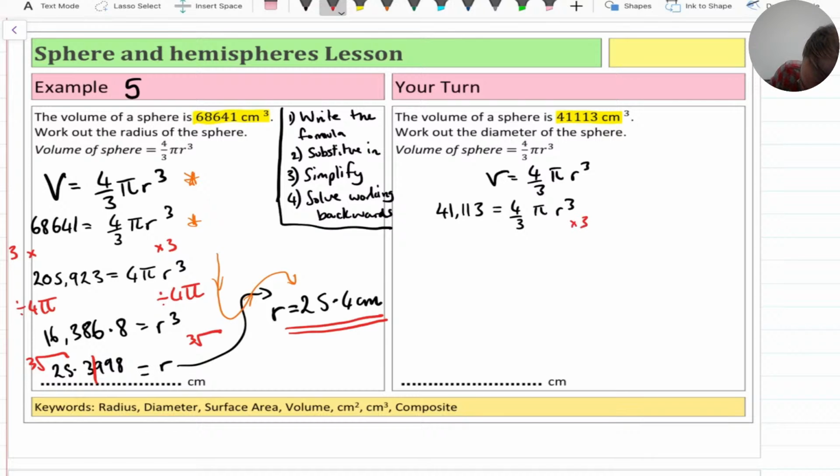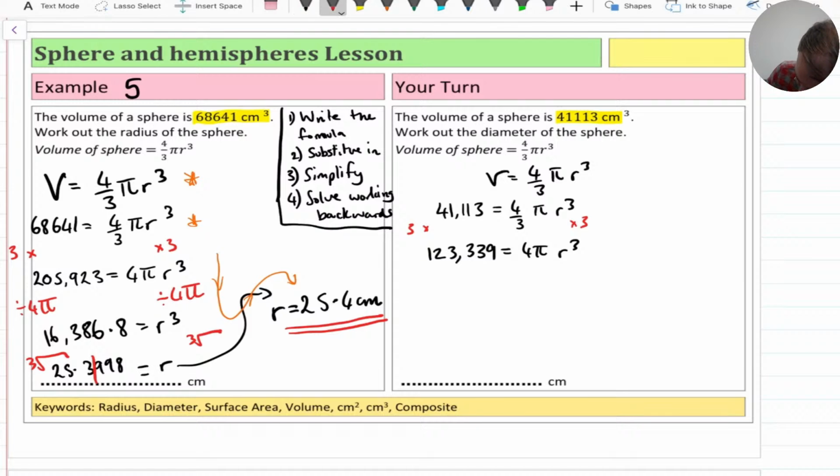Times both sides by 3, which is 41,113 times by 3 is equal to 123,339 is equal to 4 pi r cubed.